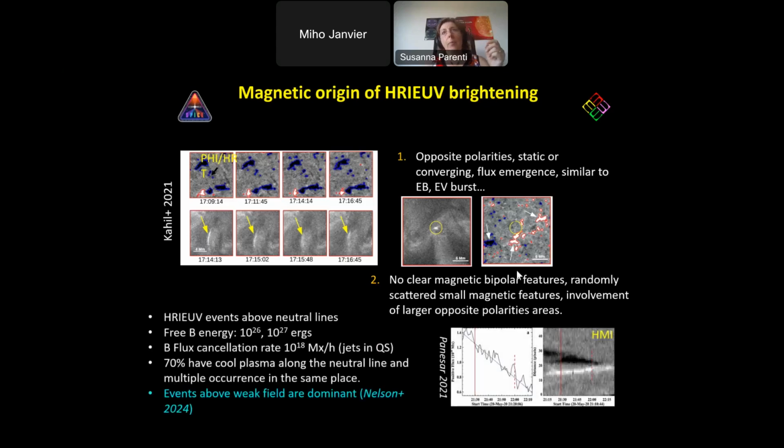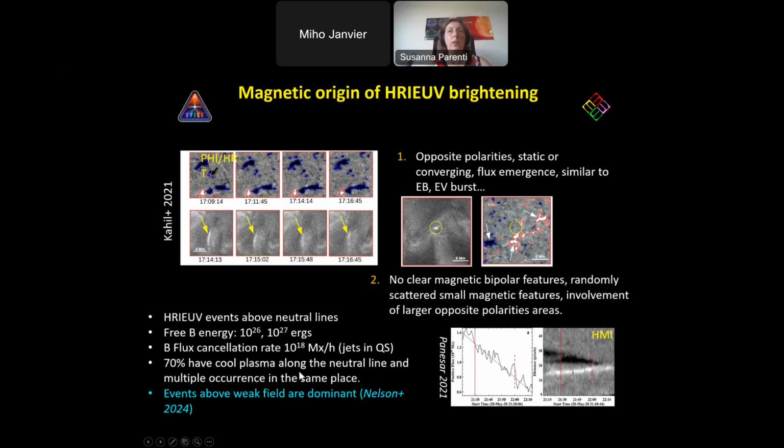He also quantified the decrease of the converging flux between two polarities, as is plotted here, and came out with a certain number of properties that are listed here.